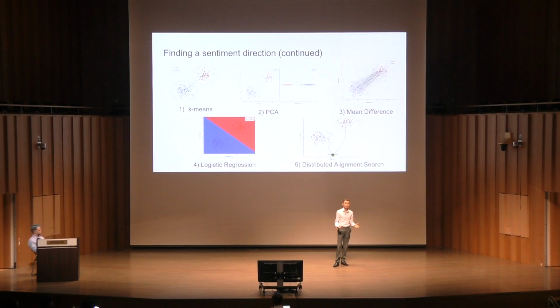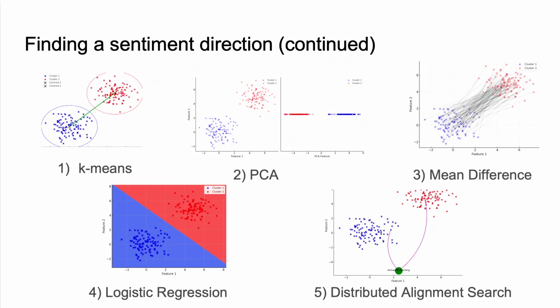Another one is to train a classifier or a probe using logistic regression, which will hopefully find a way to separate or split the 2 clusters of positive and negative sentiments. The final method that we used is one of the more modern approaches, and one that I suspect far fewer people will be familiar with, and it's due to one of my co-authors, Atticus Geiger, from a previous work, which is called distributed alignment search, or DAS.